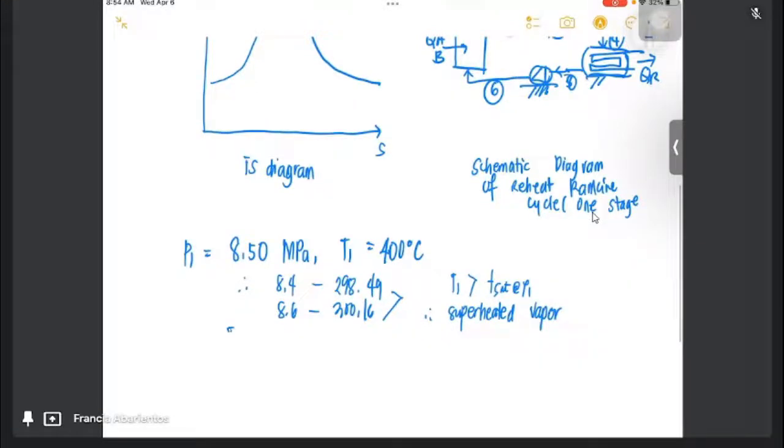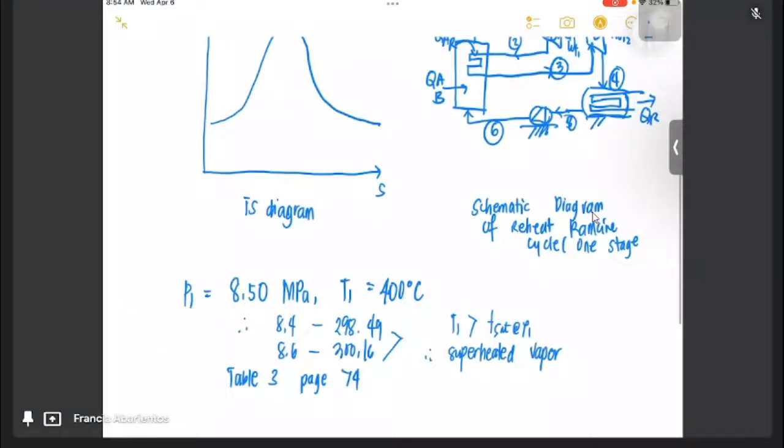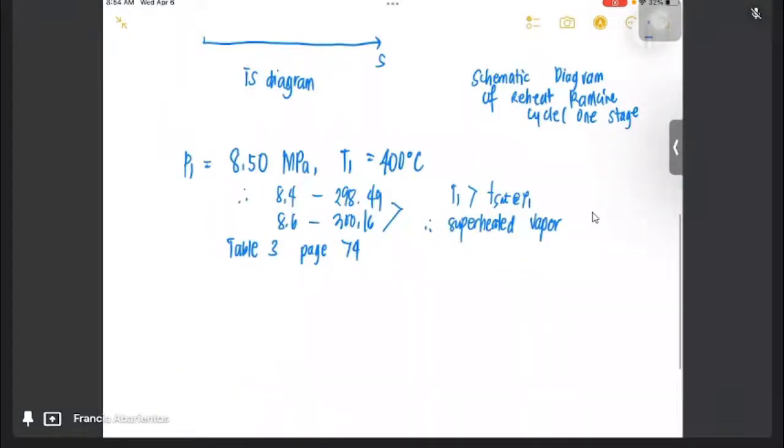Ayan, pakita ko lang sa classmate. Table 3, page 74. Ano yung kukunin natin? From the boiler, papuntang turbina. So, that is an isentropic process. So, kunin natin is the enthalpy. So, we have now H1. This is now H1 at 400.